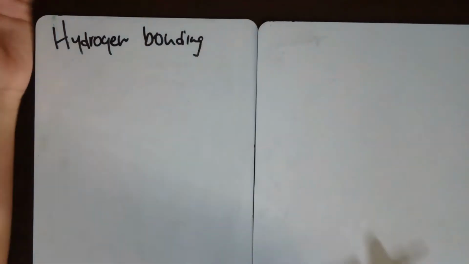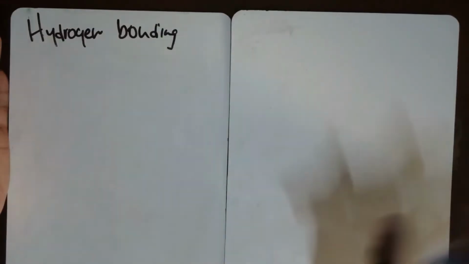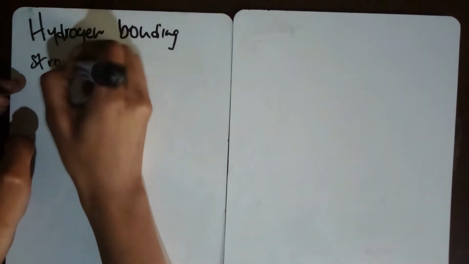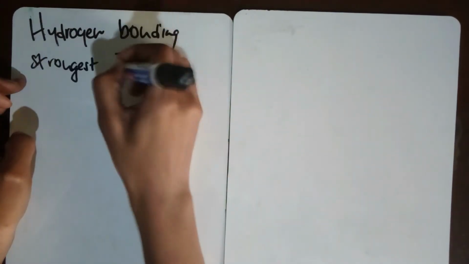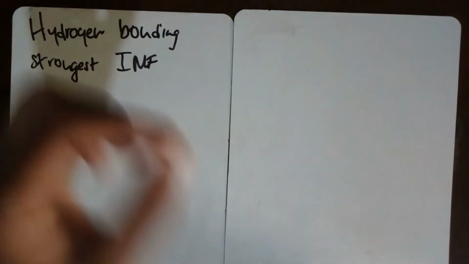If you think about it, and you'll see why, it's almost like a special type of dipole forces. And like we've mentioned, they are the strongest intermolecular forces, and they occur between molecules that are strongly polar, that contain hydrogen.